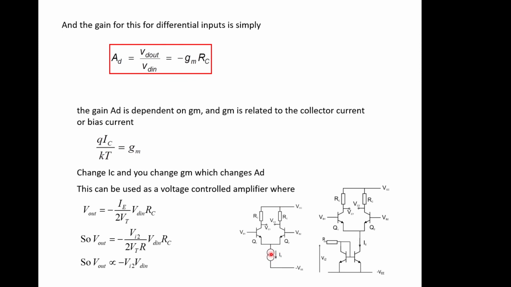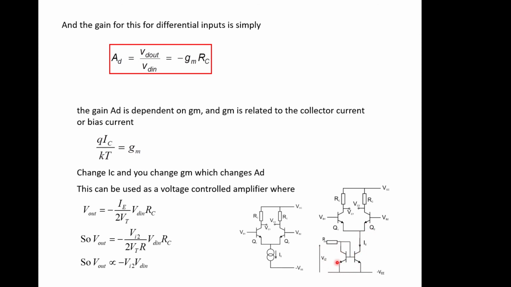So we can take our long tail pair, and we're interested in this bit down here, and we can replace this with what you might recognize now as a current mirror. The current through this transistor must be the same as the current through this transistor, because their VBEs, the voltage between here and here, are identical, because that's the way they're connected. So whatever current is programmed into here, the base current from this voltage here, becomes the current that goes through this transistor here. It's mirrored.